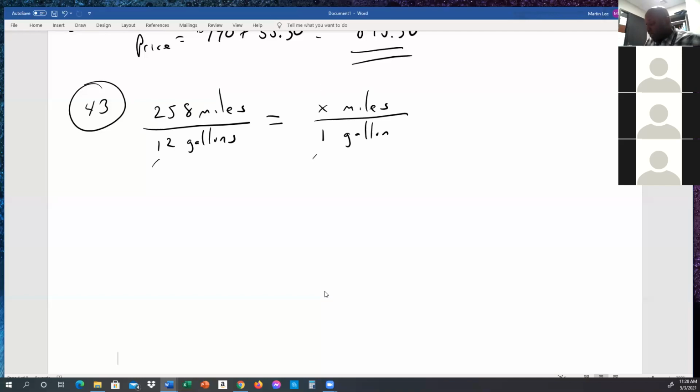Now we cross multiply and then solve for X. So 12 times X gives me 12X, and 258 times 1 is 258. And now to solve for X, divide both sides by 12.